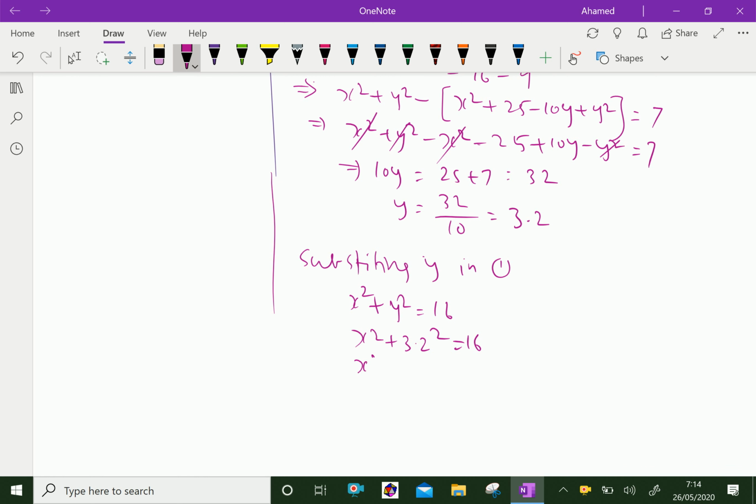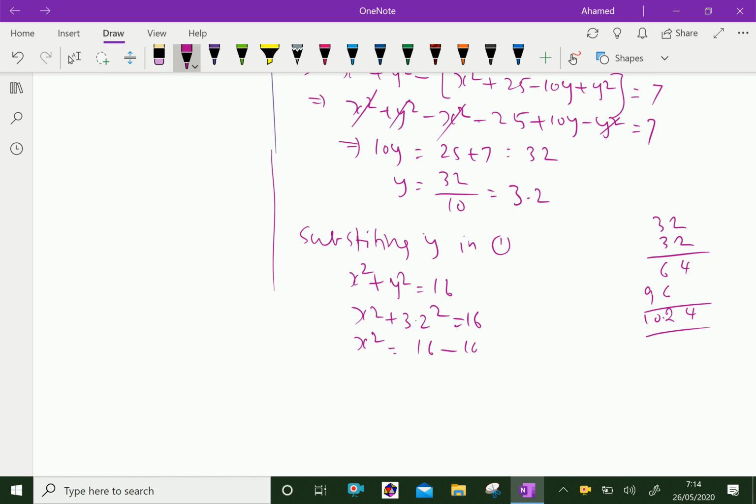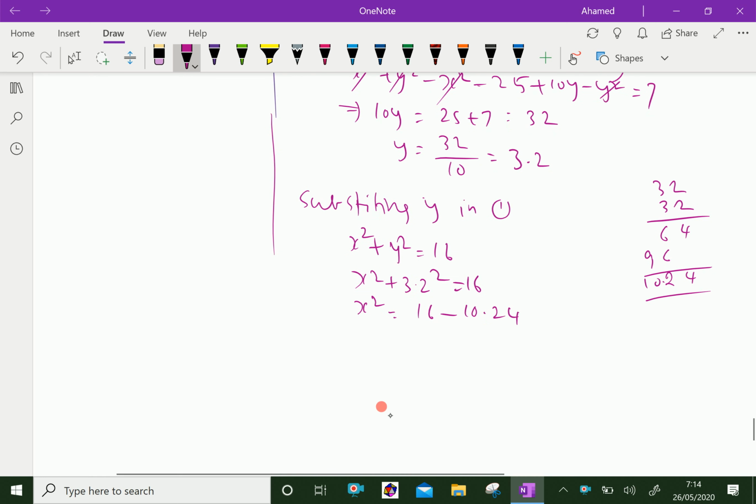Therefore x square equals 16 minus 3.2 square. 3.2 square is 10.24. 16 minus 10.24 equals 5.76.